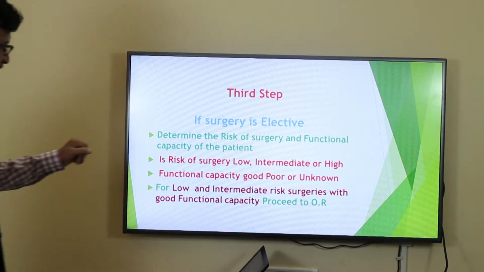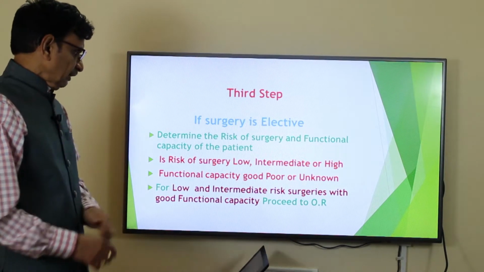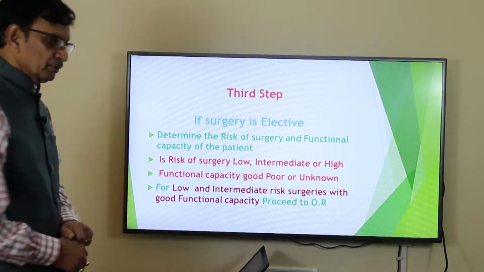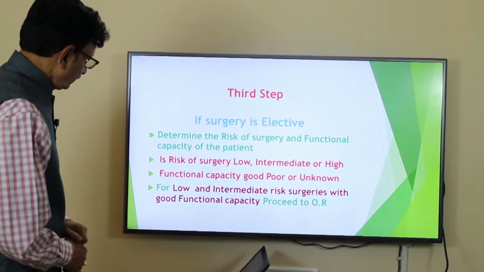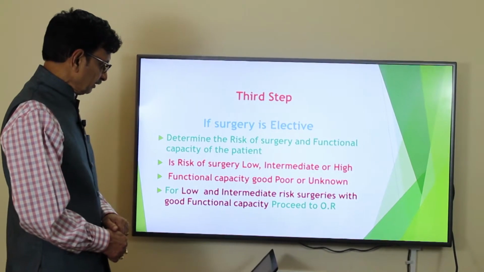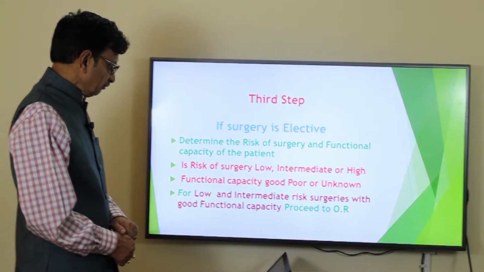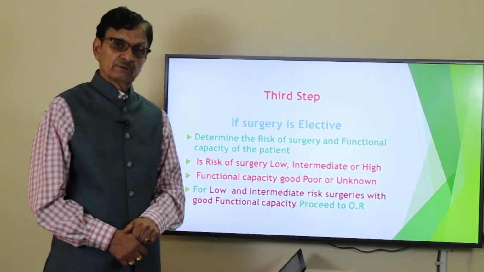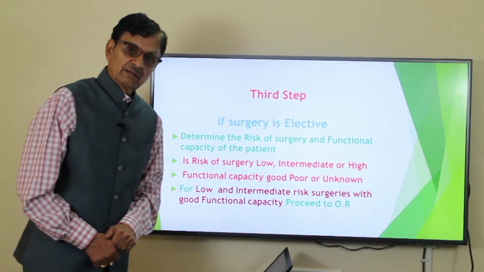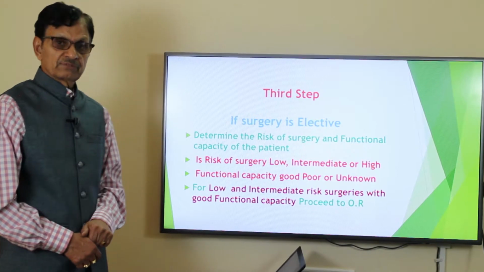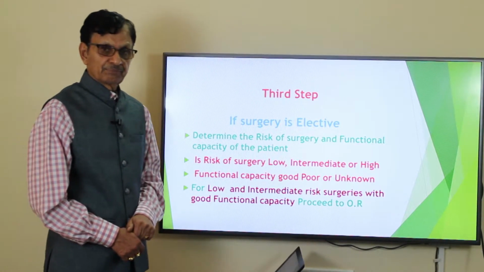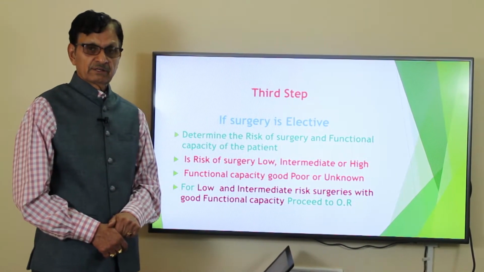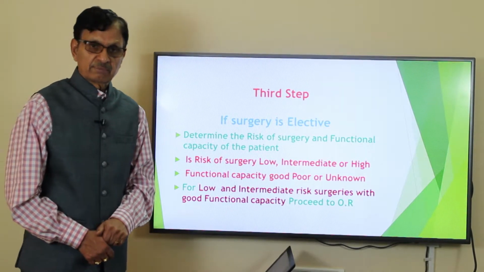For example, if your patient says he can climb 2 flights of stairs with a bag of groceries in his hands and without getting short of breath, then that means his functional capacity is good. So all you have to do is ask your patient if he can climb 2 flights of stairs without getting short of breath. That is a simple way to evaluate a patient's functional capacity.